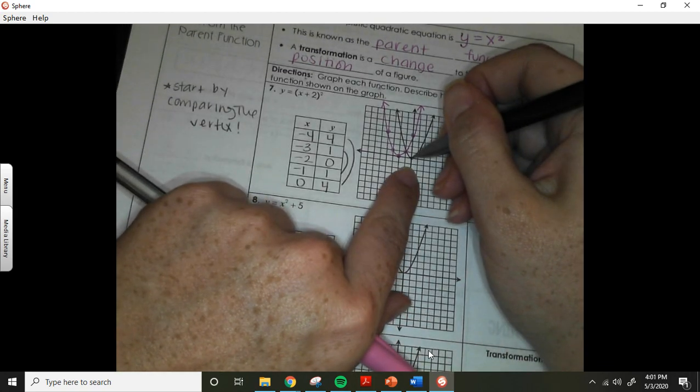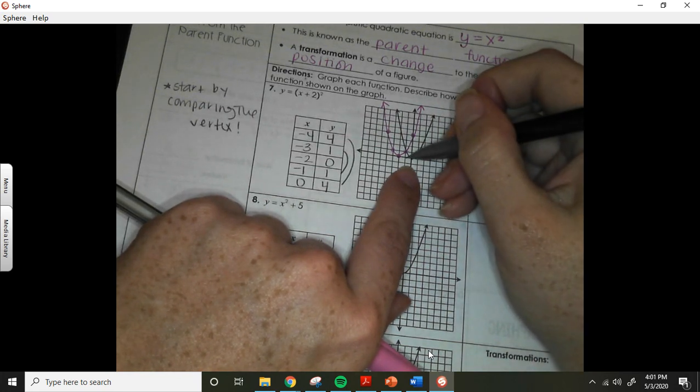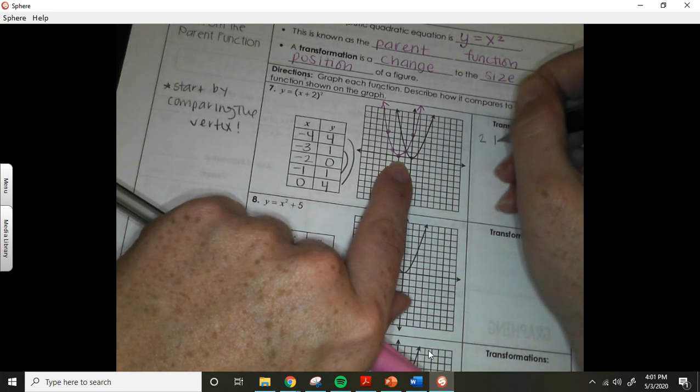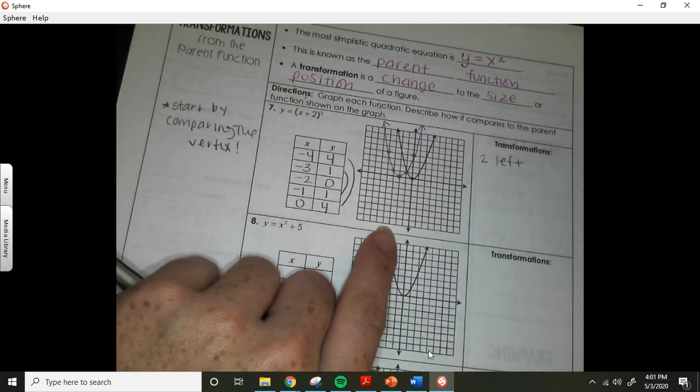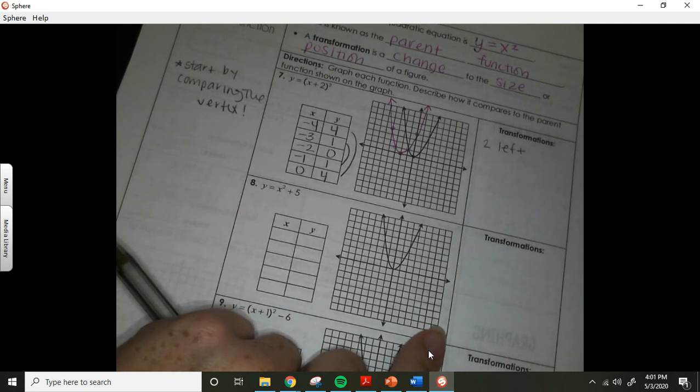So where did this vertex go? Well, the new one that we just did moved 2 spaces left. And is that it? Did it get any wider? Did it move up, down? Did it compress? Did it stretch? No. It just moved 2 spaces to the left, and that was it.